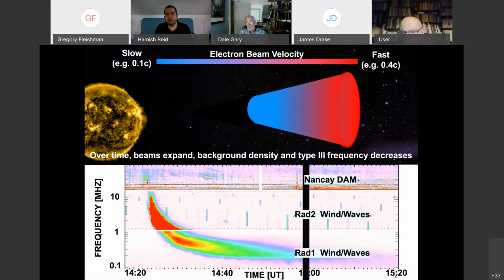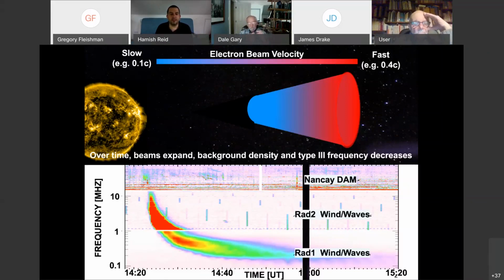Yeah, certainly. The type 3 noise storms are a very good example of this continuous particle acceleration producing a large amount of electron beams over hours or days, and an example of the radio signatures of prolonged particle acceleration as well.